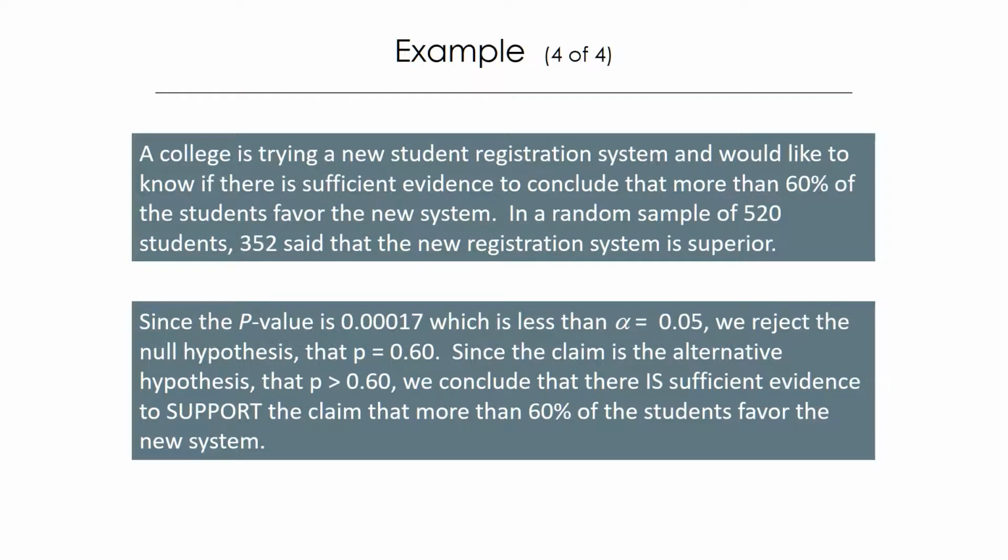Since the p-value of 0.00017 is less than alpha equal 0.05, in fact, it's very small, it's very significant, we reject the null hypothesis that the proportion is 60%. And since the claim is the alternative hypothesis that the proportion is greater than 60%, we conclude that there is sufficient evidence to support the claim that more than 60% of the students favor the new system.